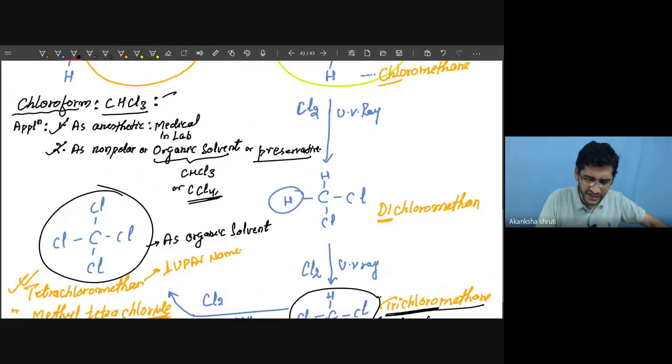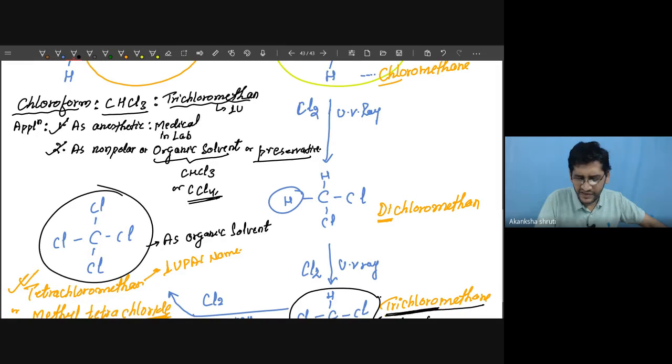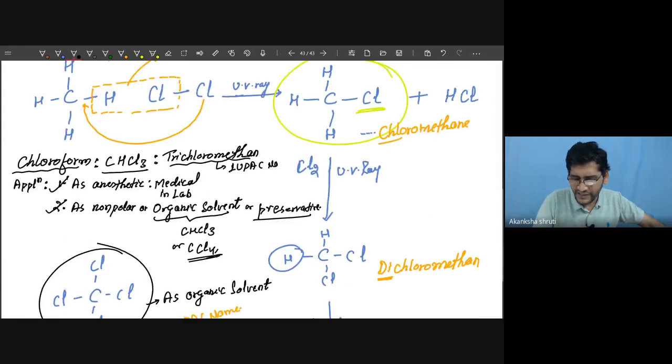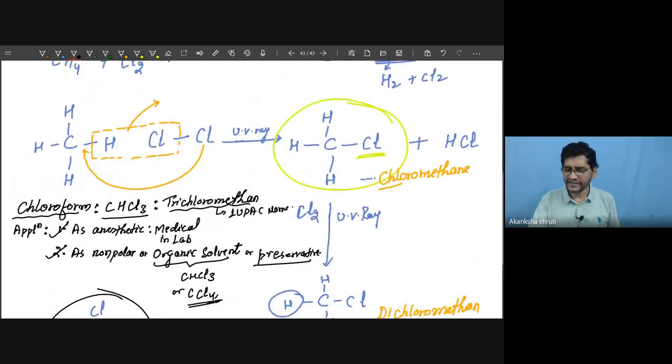So it is trichloromethane. This is the IUPAC name. This nomenclature we will learn tomorrow. Dichloride is not much important, and chloromethane is just for understanding.